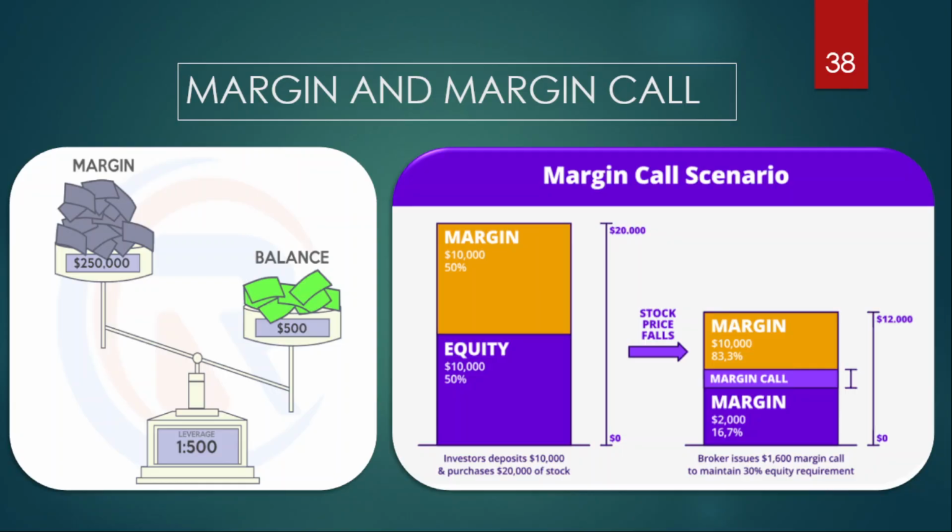This means that you are given a loan of $249,500 in order for you to trade with this leverage of 1 to 500.